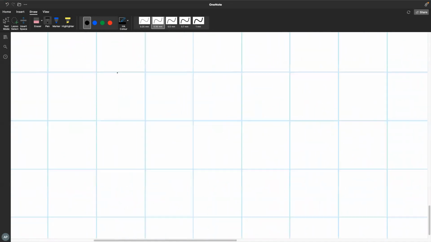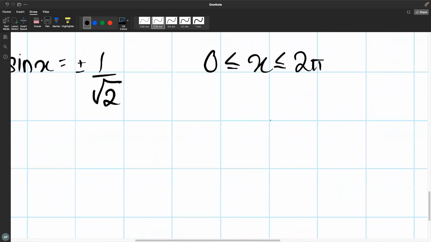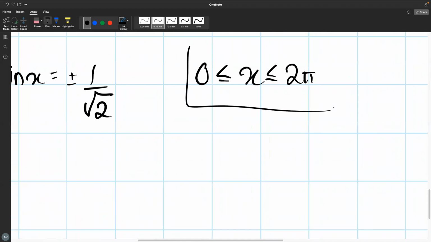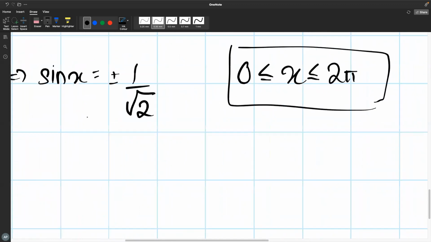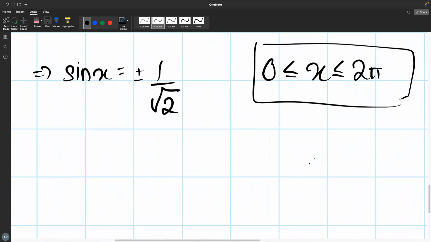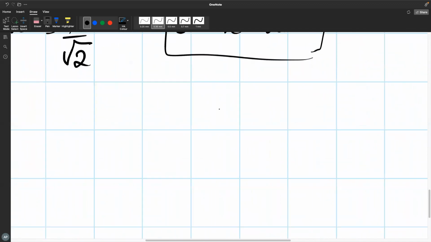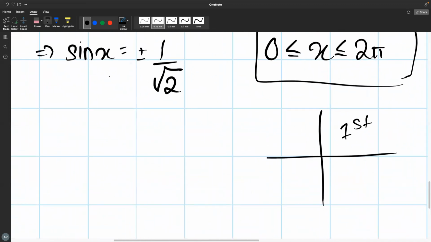So had our domain been all 4 quadrants, or in other words, 0 to 2 pi, this solution would have been valid. However, we must remember that we are only limited to the first quadrant over here. So given that this is sine of x, we're looking for a positive value because the first quadrant is on the positive side on top and is not below.